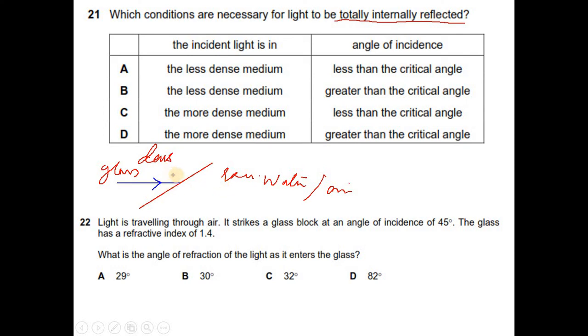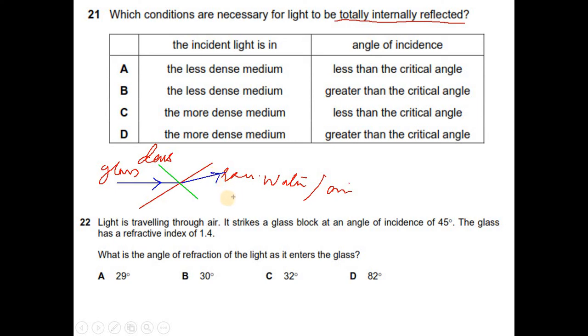So it will bend. This is the normal, and the ray will bend away from the normal, something like this.